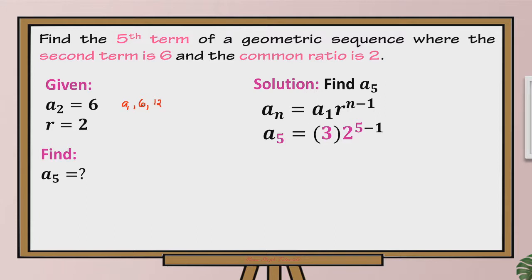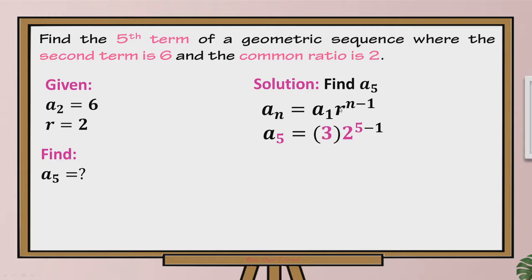Simply divide the second term by the common ratio. So we have 6 divided by 2. The result is 3. If we check, 3 times 2 is 6, and 6 times 2 is 12. So that is how we got the first term of 3 even though it was not given in our problem.